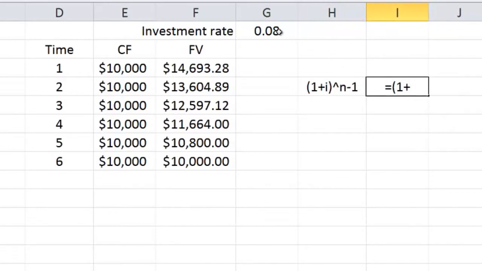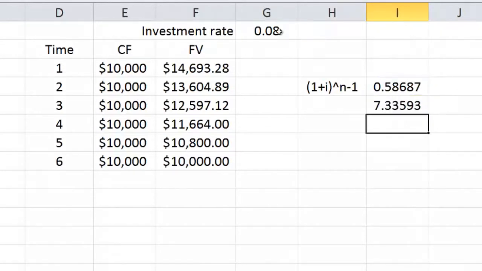So we have 1 plus I, that interest rate, raise that to the 6th power because we have 6 periods, and then from that we subtract 1 to get 0.587. Then we take that and we divide it by I, and we get 7.34. Now we multiply that by the cash flow.